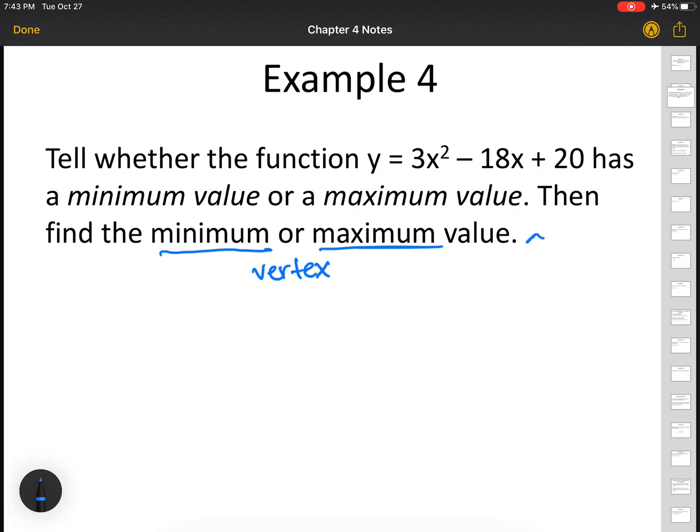No matter if you have a U-shaped or hill-shaped parabola, you're looking at the point of lowest or highest on your parabola, which is always going to be that vertex. We're going to have to find the vertex in a second. But to tell whether this is going to be a minimum or maximum, I'm looking at my a value. Since my a, in this case, is bigger than 0, or 3 is bigger than 0, this one is going to be a minimum.